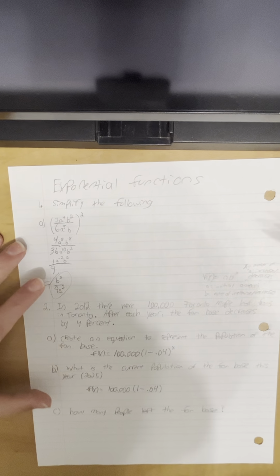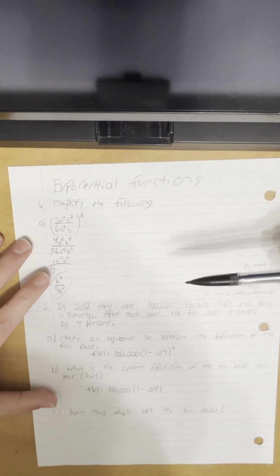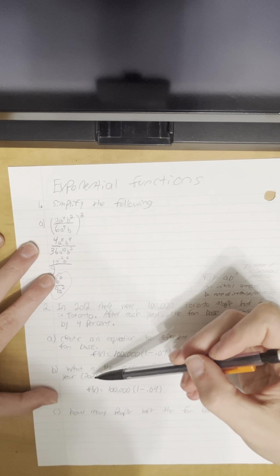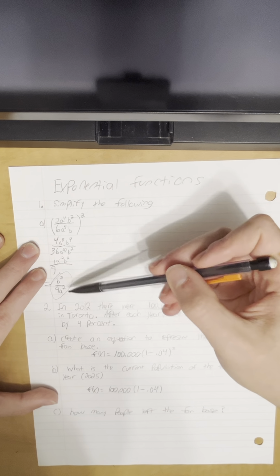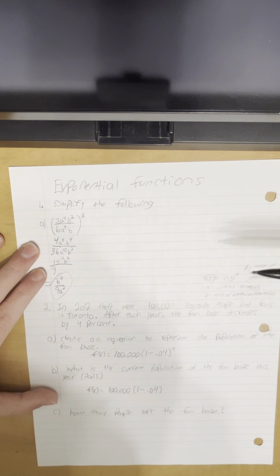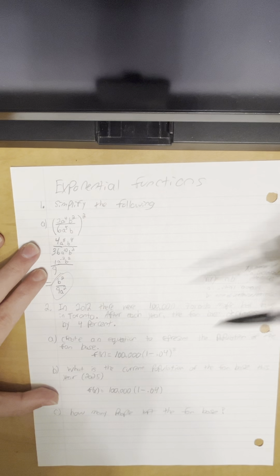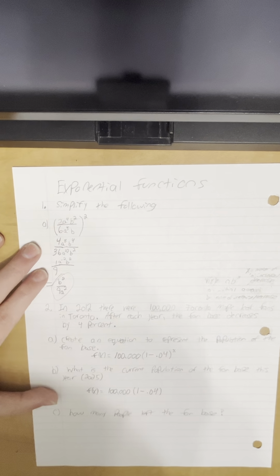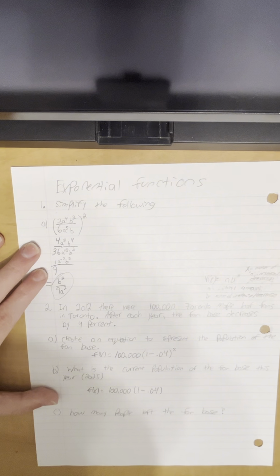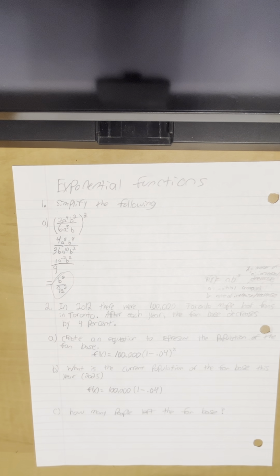So what we need to find is the difference between 2025 and 2012, like how many years are in between, because that's the number of decreases.